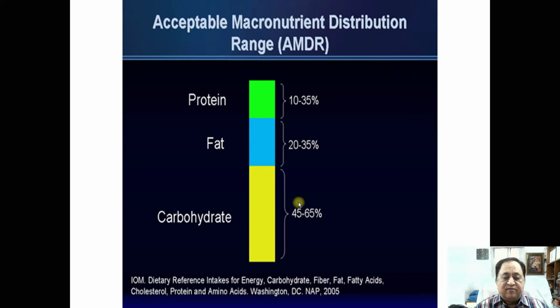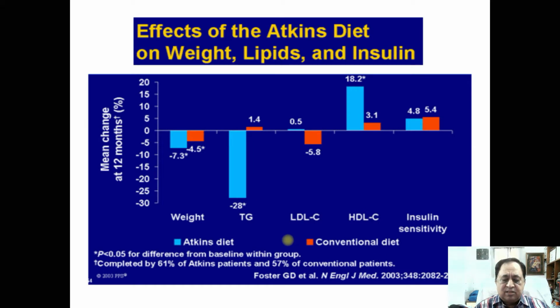So carbohydrate 50%, fat 30%, protein 20%, or protein and fat 25% each and 50% carbohydrate is the easiest way to remember, and you can build up any diet around this that will be absolutely scientific, without any hitches, without any glitches. It will be acceptable to your patients also, whether vegetarian or non-vegetarian.